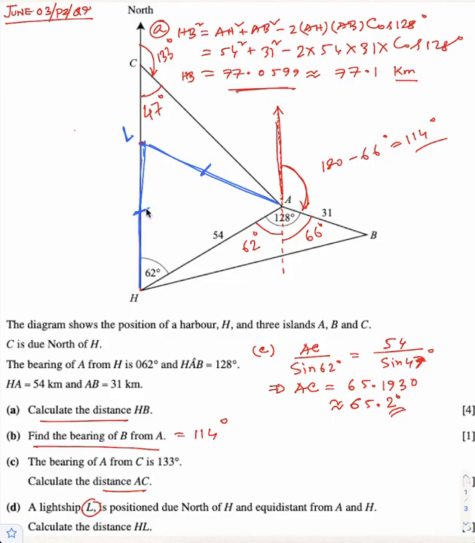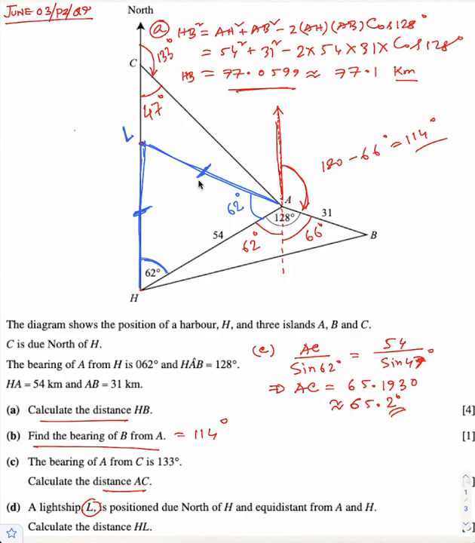So if we assume that these two distances are equal, this angle is 62, so this angle must also be 62, because in an isosceles triangle, if two sides are equal, their opposite angles must be equal. So now calculate the distance AH.